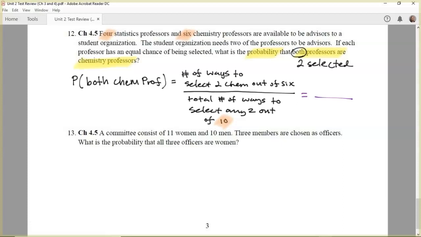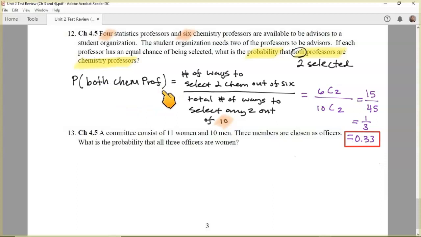We just want any 2 professors, any 2 chem professors. So 6 choose 2 and 10 choose 2, and I won't show the calculation, but you can certainly calculate those values separately, and we get 15 over 45, which is 1/3 or 33%. And so it's a 33% chance that if 2 professors are selected at random, both of them will be chemistry professors.